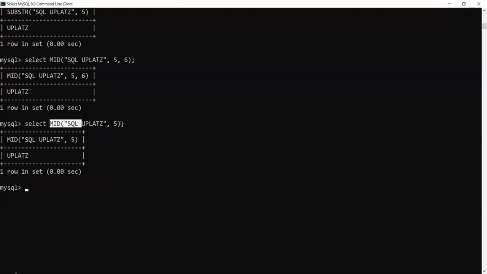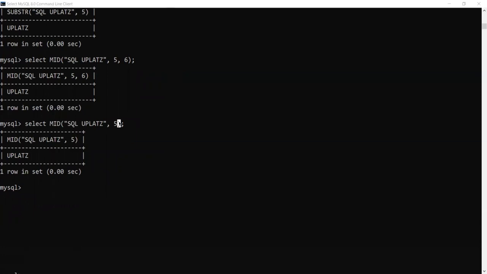So mid, substr and substring, all three functions are flexible. If you don't give the length here, it is still fine. What is happening here is that it is by default taking the entire length of the statement. So if you don't give the length and you want the output to be something like this, you need not count the length here.